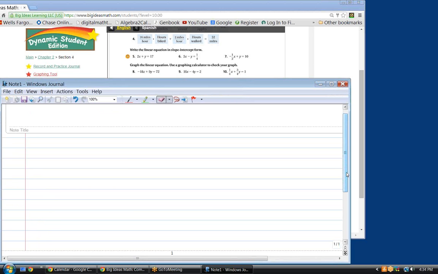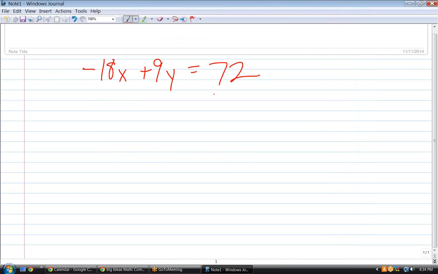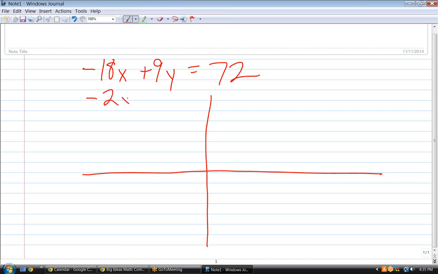I'll rewrite it: minus 18x plus 9y equals 72. Again, it's in standard format. The first thing I would do is simplify the equation, divide everything by 9. Using the division property of equality. I like that. So what do you got? Negative 2x plus y equals 8.